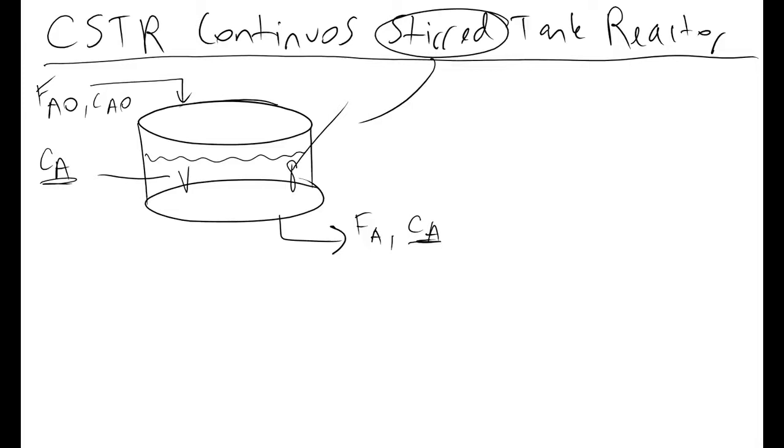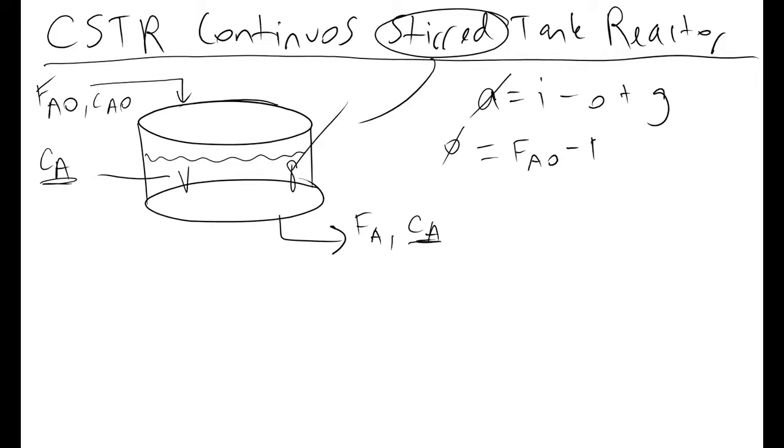To do that, we start off with a mole balance. So accumulation is equal to in minus out plus generation. And typically we'll assume that CSTRs are operating at steady state. Consequently, accumulation is equal to 0. The inlet term would be FA naught, moles of A coming in per time.